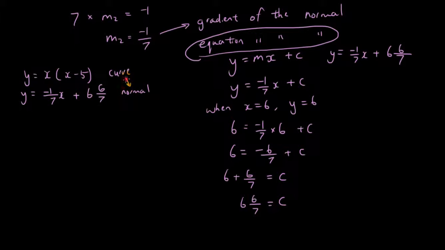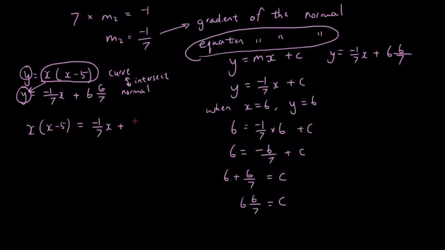These two things, we need to find out where they intersect. So we need to understand that at the point of intersection, both y coordinates are the same. So let's make them equal to each other. We can substitute this expression into where the y coordinate is in the other line. So we have x bracket x minus 5 equals negative 1 over 7x plus 6 and 6/7.